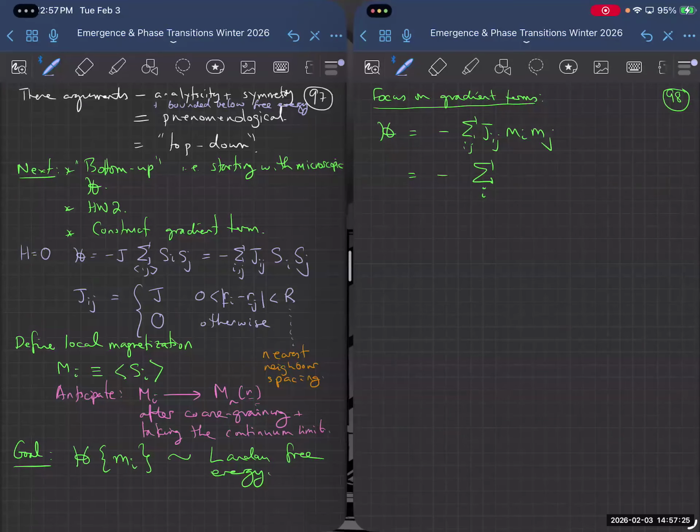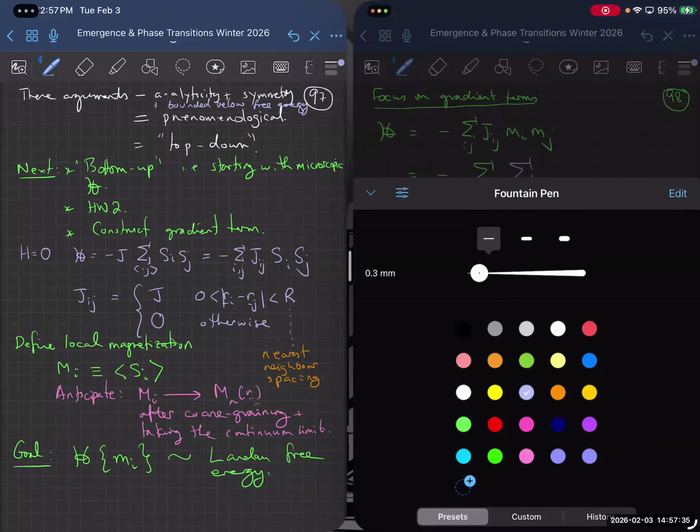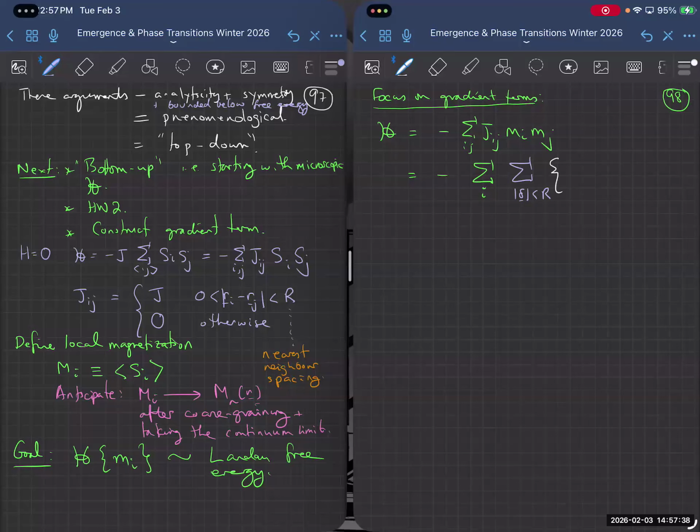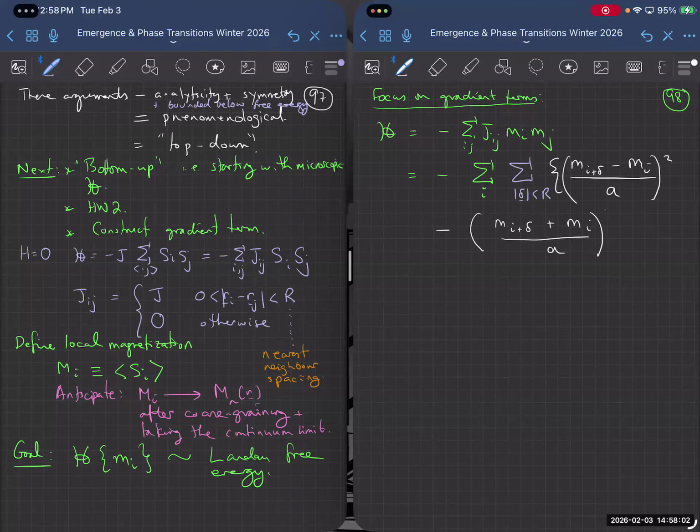So I'm going to write this as the sum over some vector delta whose magnitude is less than or equal to R. And then I'm going to write this as the sum of (m_{i+delta} minus m_i over a) squared, minus (m_{i+delta} plus m_i over a) squared.